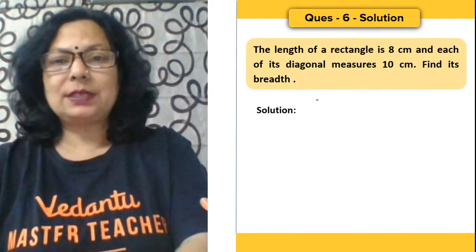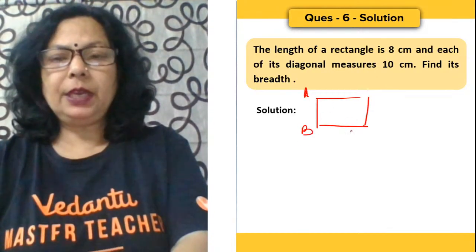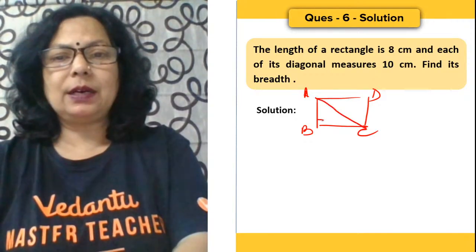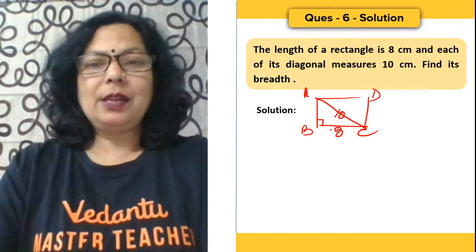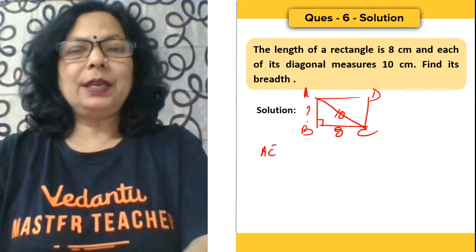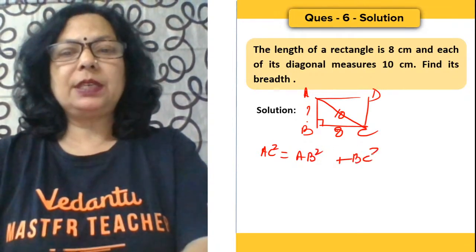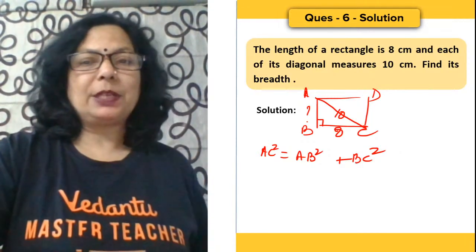See, so simple. In rectangle A, B, C and D, each angle is a right angle. This diagonal is 10, length is 8. Then you can find out AB. AC square is equal to AB square plus BC square.